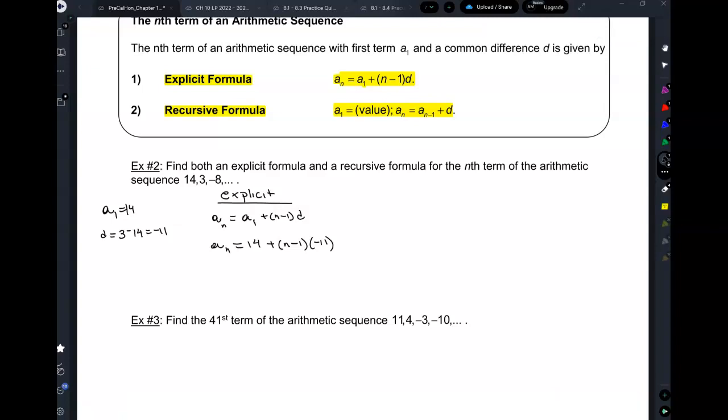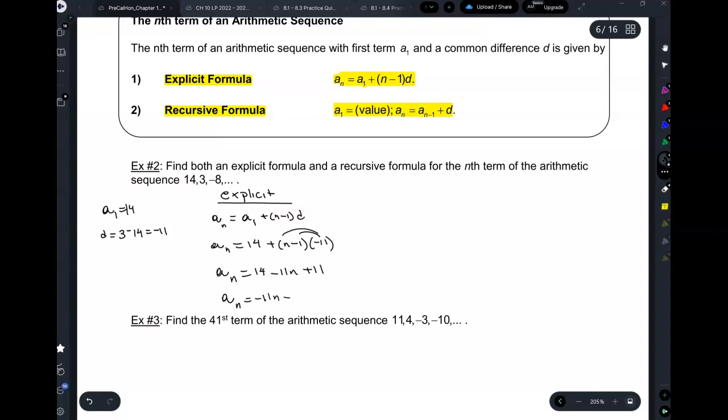It's A1, the first term. And then we're going to distribute. So AN is 14 minus 11n plus 11. So finally, it's negative 11n plus 25. So this is the explicit formula for that sequence.